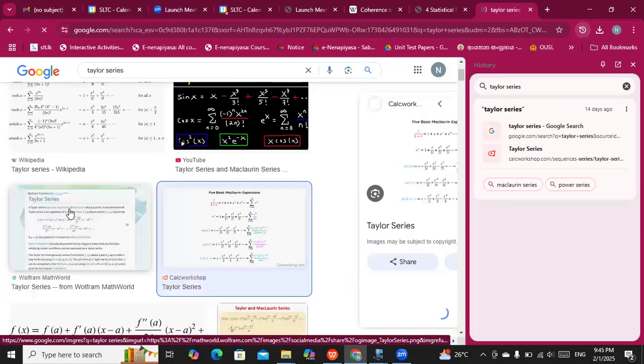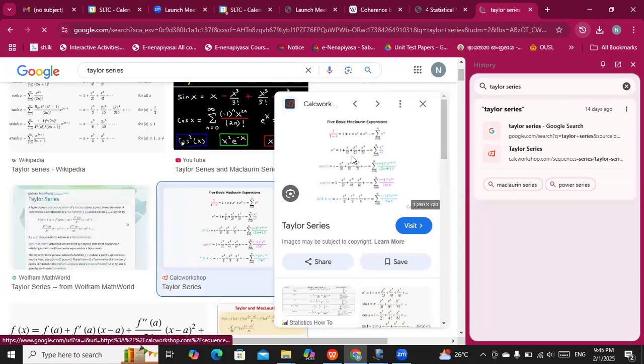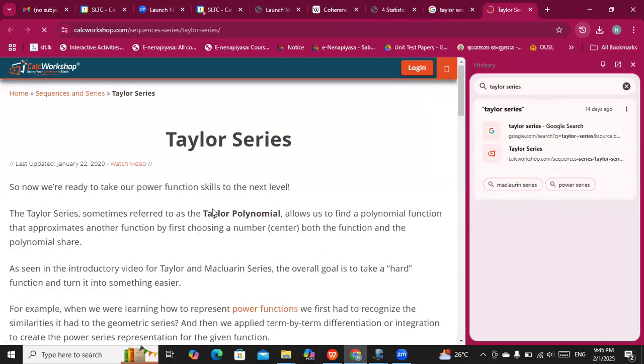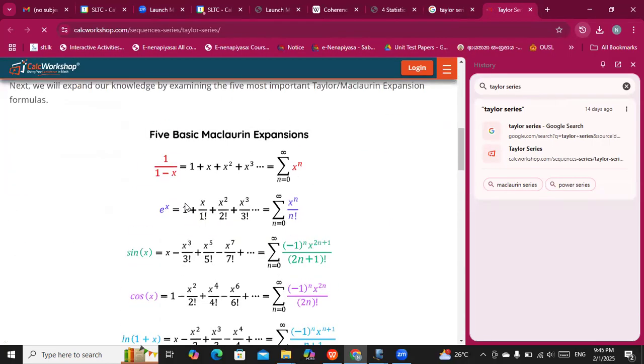One minus x, no? So you need to get this one actually. 1 plus x plus x square plus x3 is 1 divided by 1 minus x, no?